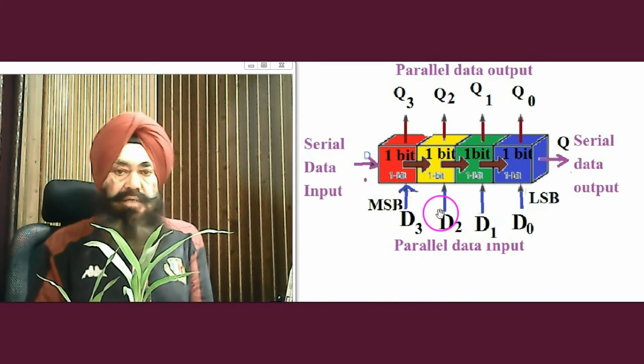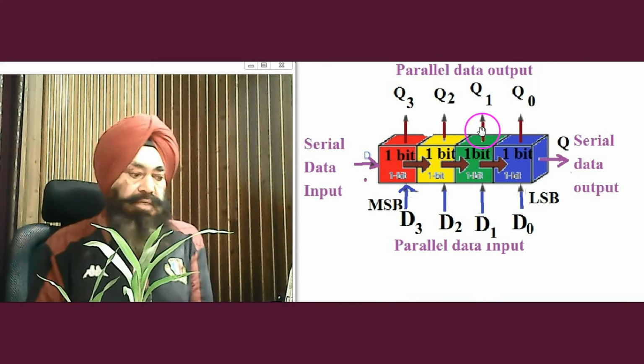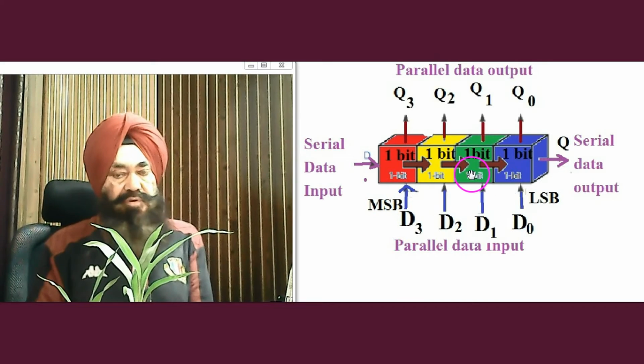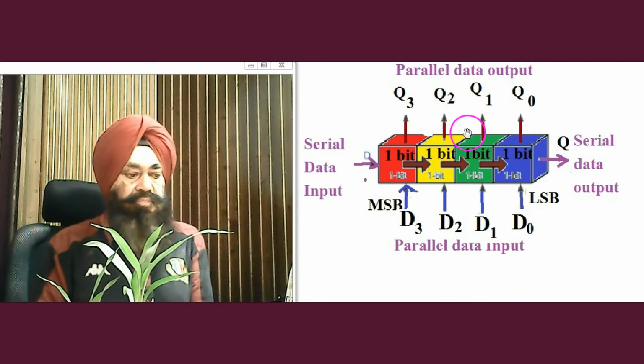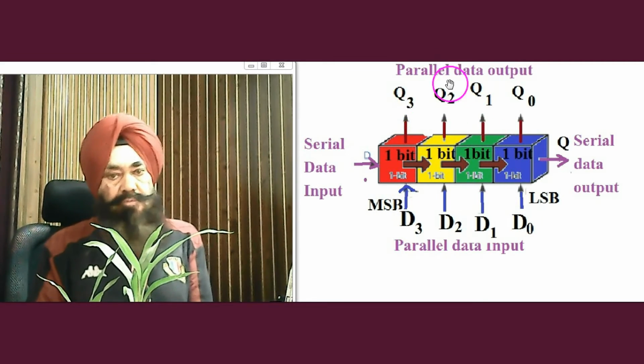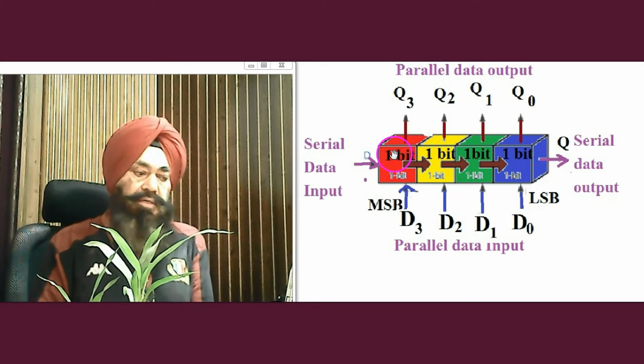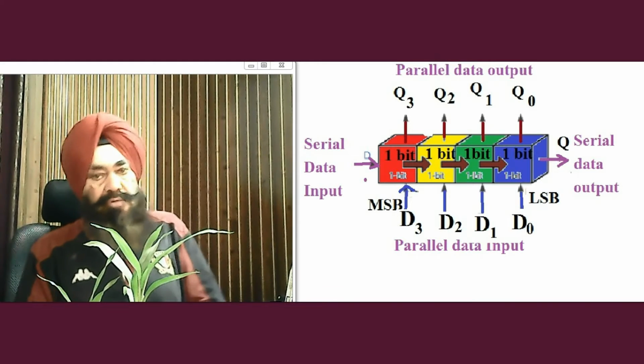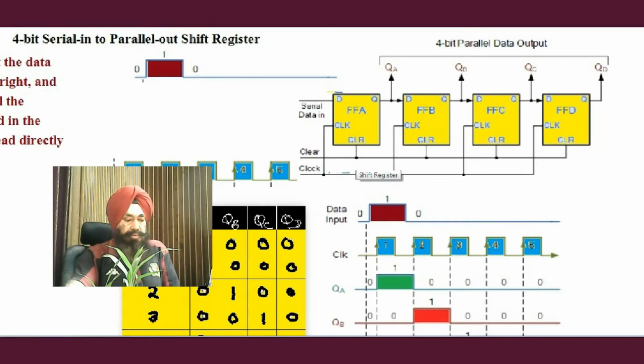The parallel data is loaded simultaneously into the register and transferred together to their respective outputs by the same clock pulse. Okay, fine. We are going to discuss the 4-bit serial in, parallel out shift register.